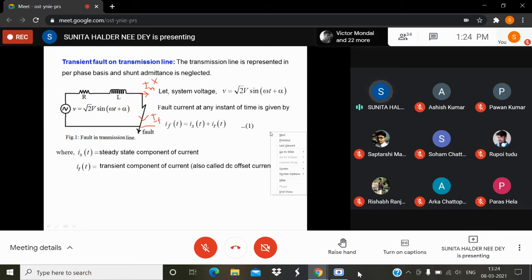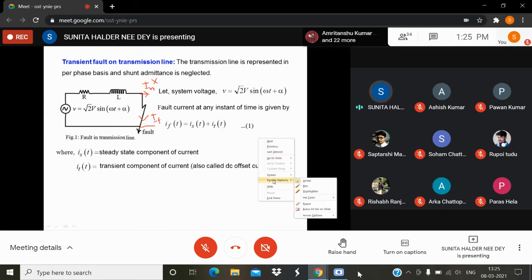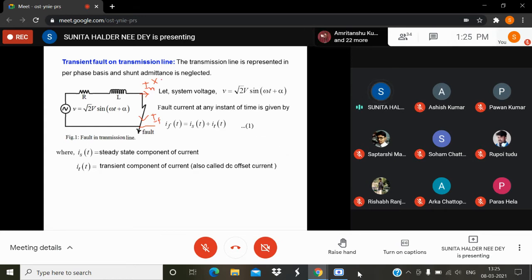So at the instant of fault creation, there will be a switchover from IN to IF, and there will be a transient, as if you are switching from one circuit to another circuit. We can forget about IN, because at t equal to 0 plus, only the faulted condition is there. At t equal to 0 minus, there was the IN.